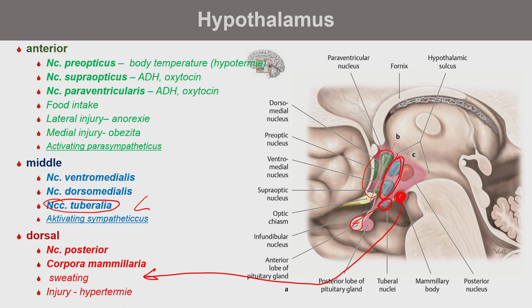And it is important that the corpora mammillaria are also an important part of the limbic system, and probably you know that people who are fearing or have some emotional excitation are sweating.